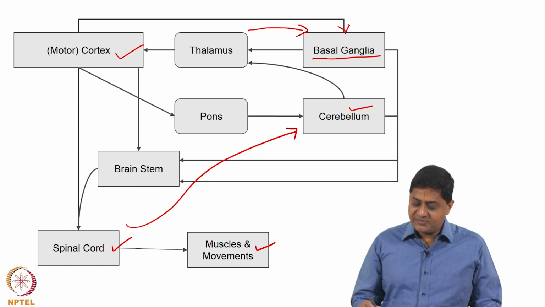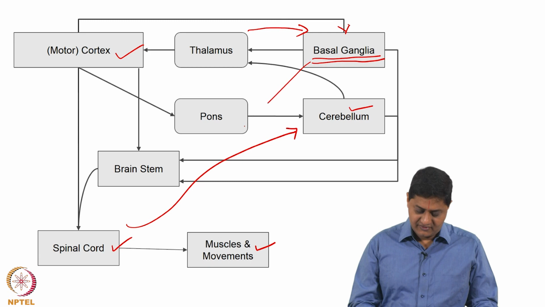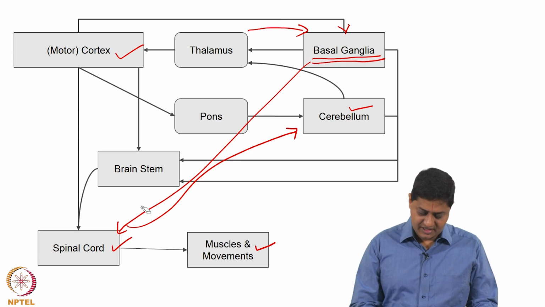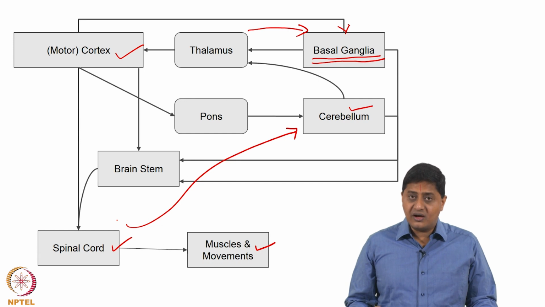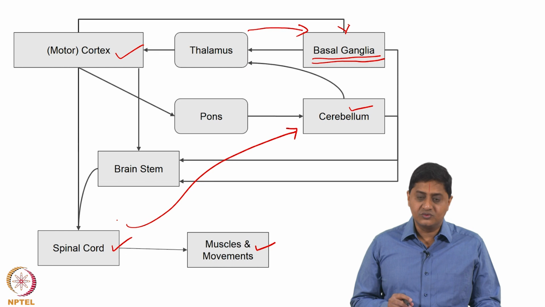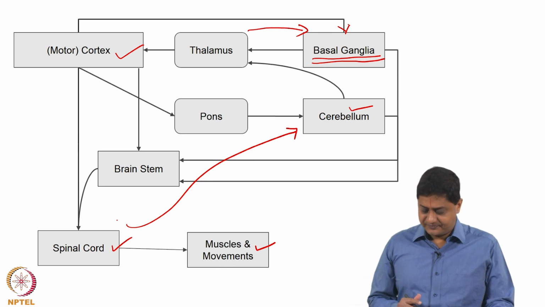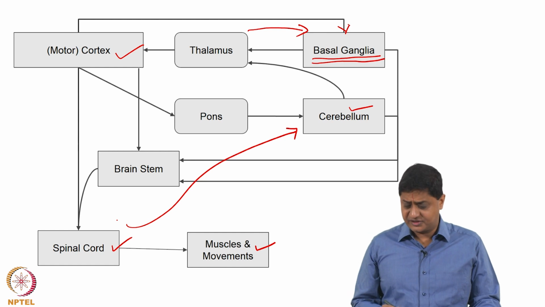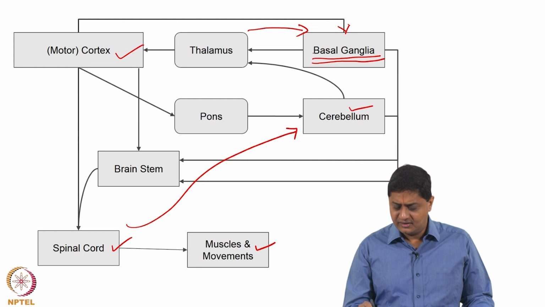So, essentially basal ganglia does not interact directly with the spinal cord, this does not happen, right. However, it modulates the outputs through interacting with motor cortex. Okay. How does it perform this function? What is the role of basal ganglia? That is going to be the theme for the next few classes.